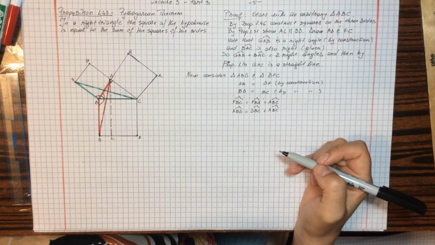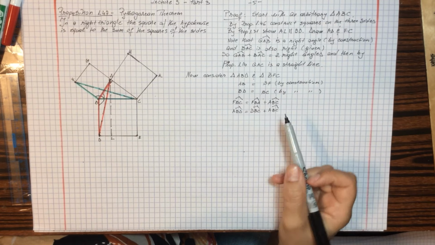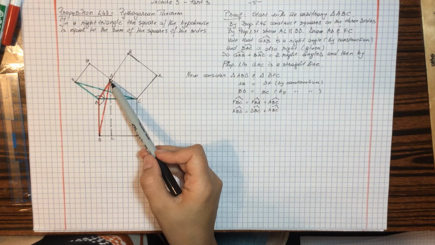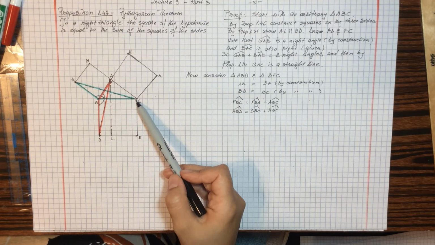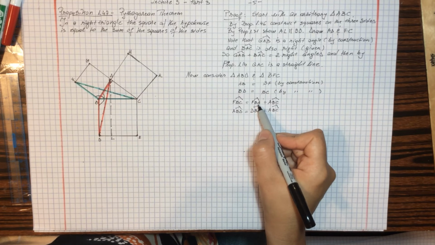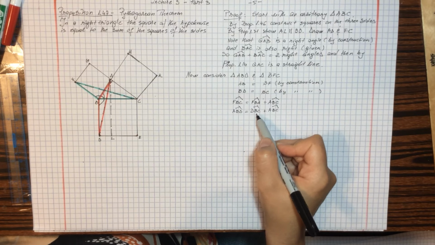Now, angle FBA is what? A right angle. And also angle DBC is also a right angle, no? So the angle FBA by construction is right, and so is the angle DBC.